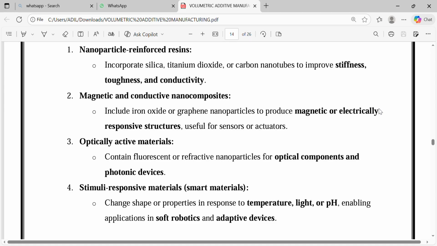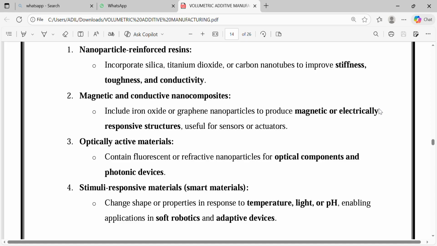Stimuli-responsive materials, which are also called smart materials, change shape or properties in response to temperature, light or pH, enabling applications in soft robotics and adaptive devices. Soft robotics uses flexible, compliant materials.